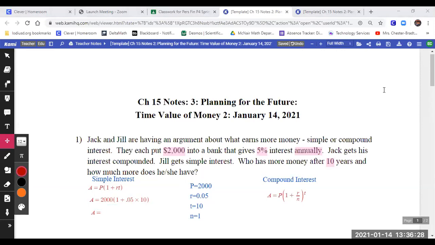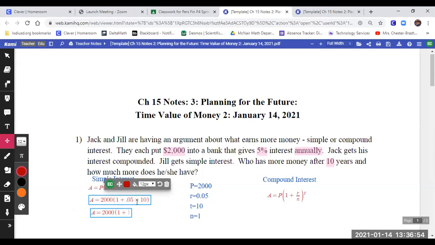If I take 0.05 and divide it by 10, I don't get 0.5. 0.05 times 10.